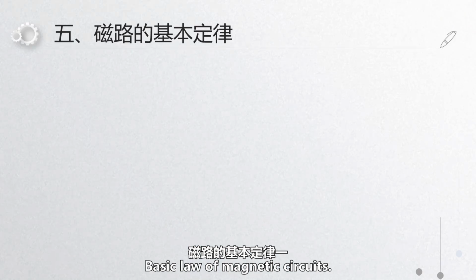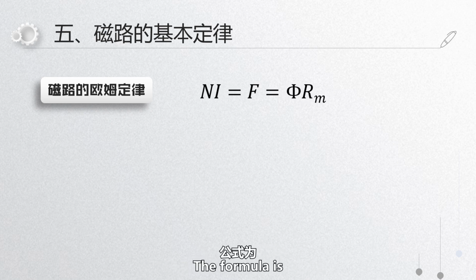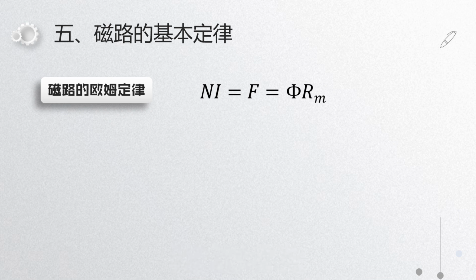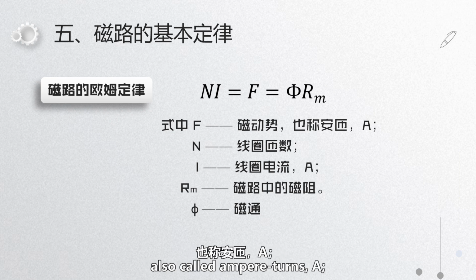Basic law of magnetic circuits. Ohm's law of magnetic circuits. The formula is F equals Ni equals phi times R sub m. F is the magneto-motive force, also called ampere turns.